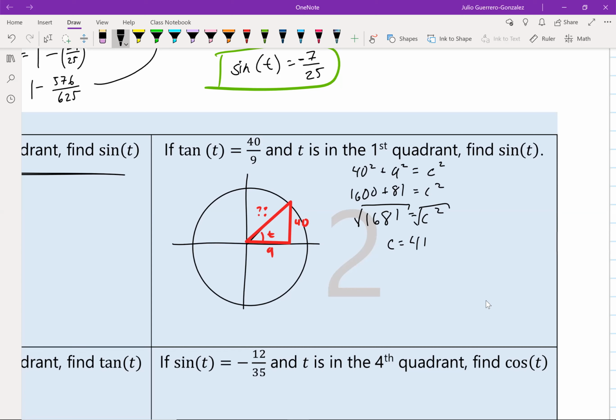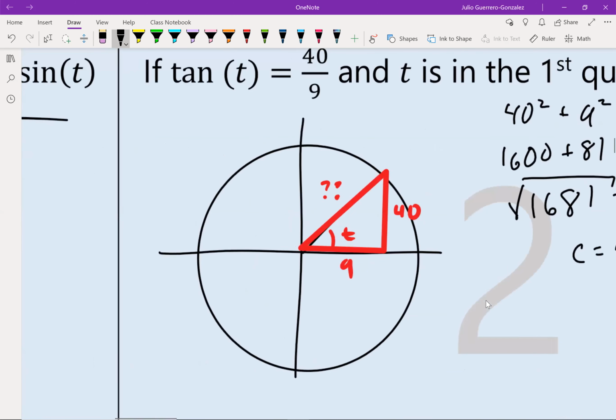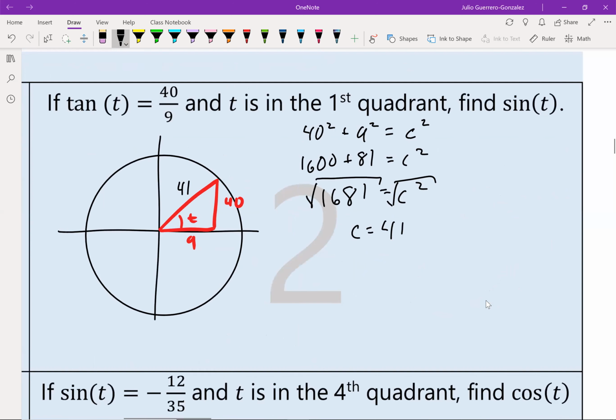Okay, so that gets us our hypotenuse. Whenever it wants to erase, whoa! My computer's acting up. Okay, that gets us our hypotenuse of 41, right? And we needed to find sine, right?